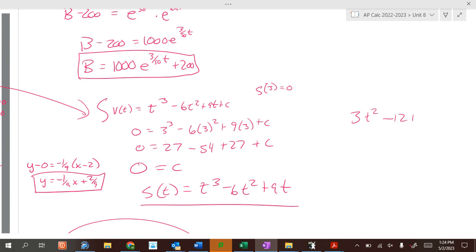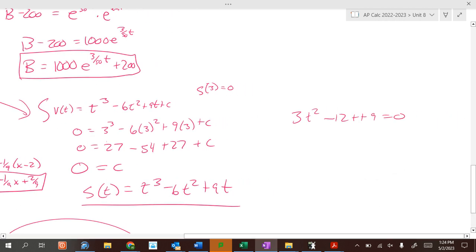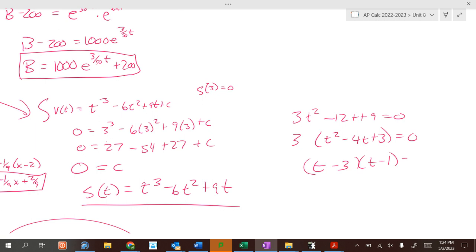Set equals 0 to find where it changes velocity from positive to negative. So if you factor out a 3, you get t squared minus 4t plus 3 equals 0. So t minus 3 and t minus 1 equals 0.